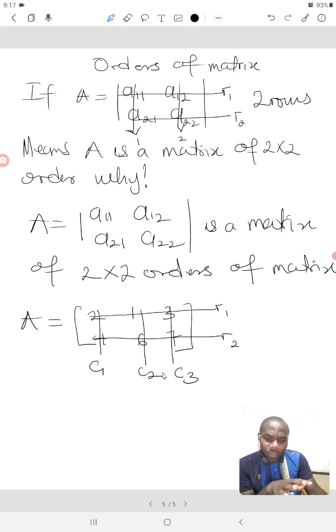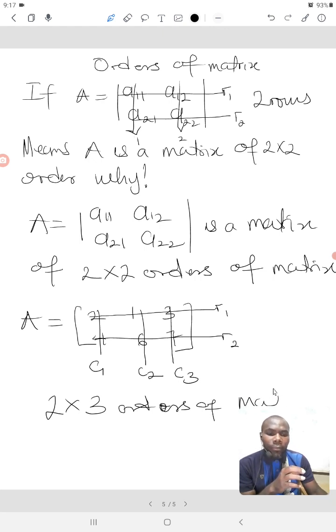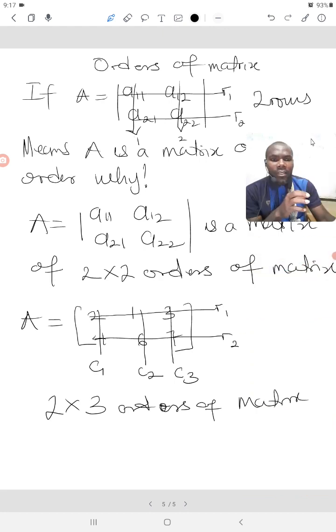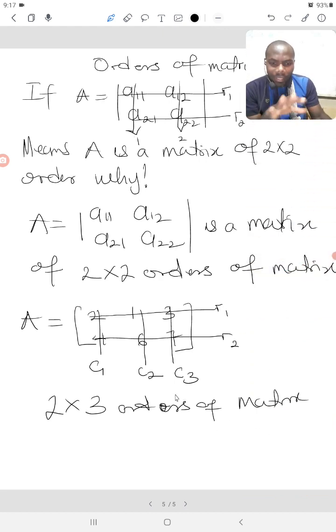So in this explanation, you're able to see that it has 2 rows and 3 columns. So if you want to make mention of the order, you say the matrix is of 2 by 3 order. So that is the order of this matrix.